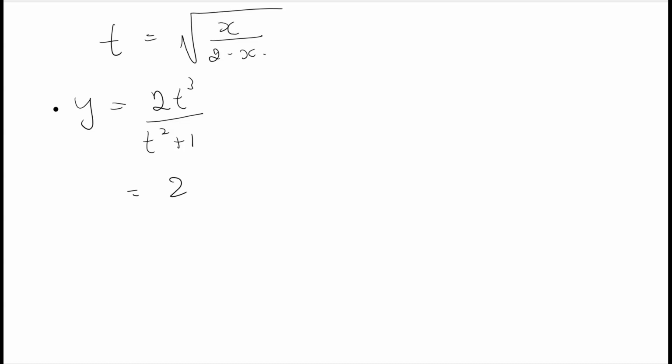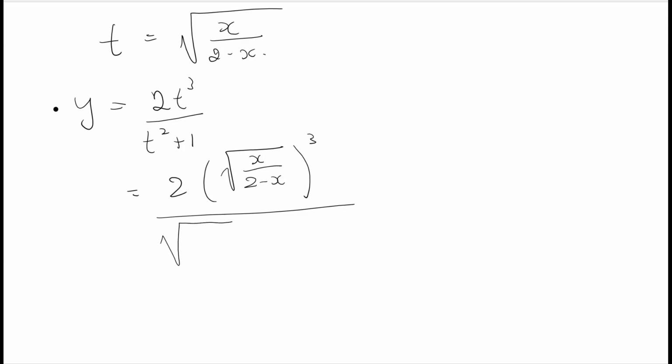We want to cube it, so we have to put what t is in brackets. So that's the square root of x over 2 minus x cubed divided by, now t squared is going to be the square root of x over 2 minus x squared plus 1. Okay, that's not even close to looking like the answer.